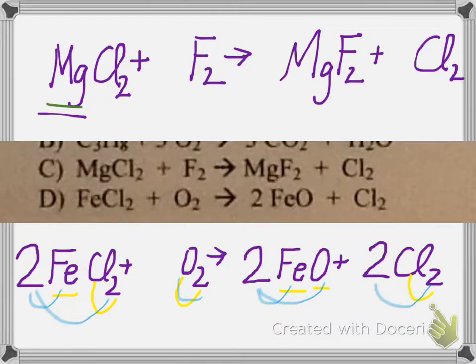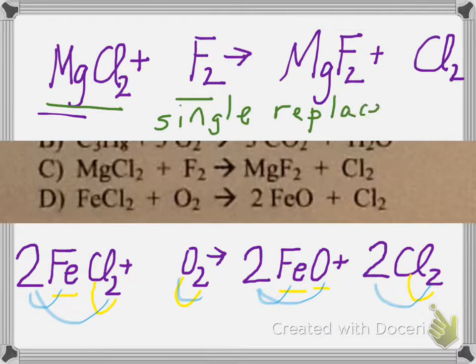Letter C, I have a compound reacting with an element. This is single replacement. In letter D, I have a compound reacting with an element. So this is single replacement again.